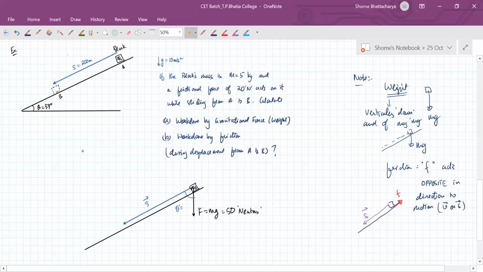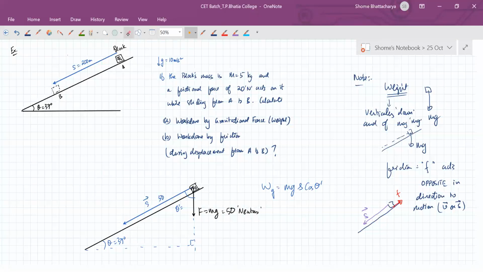So for that you have trigonometry. This is vertically downwards, this is the horizontal. This angle is 37. So work done by gravity will be mg into s into cos theta prime, because the angle between them is theta prime.